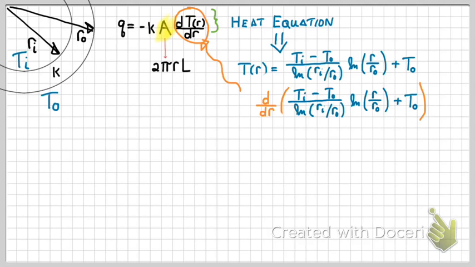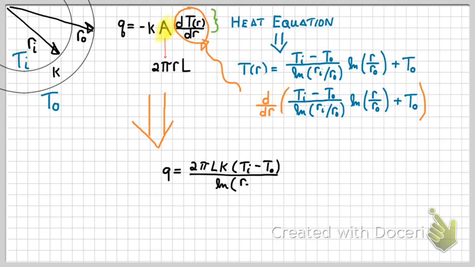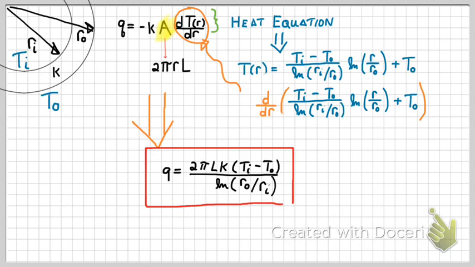Once we've done that, this will allow us to write Fourier's equation for a one-dimensional cylindrical geometry, strictly in terms of the inner temperature, the outer temperature, and the inner and outer radiuses. And again, the 2 pi comes from the area of the cylinder, and the L will be the length of the cylinder in and out of the paper.